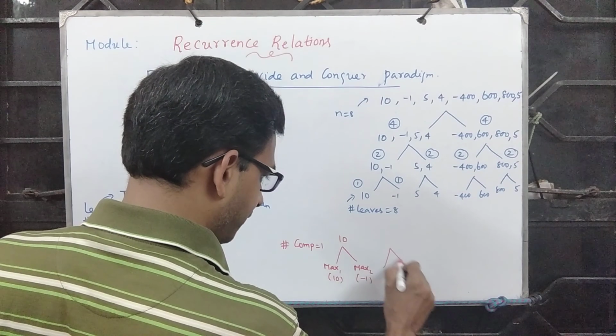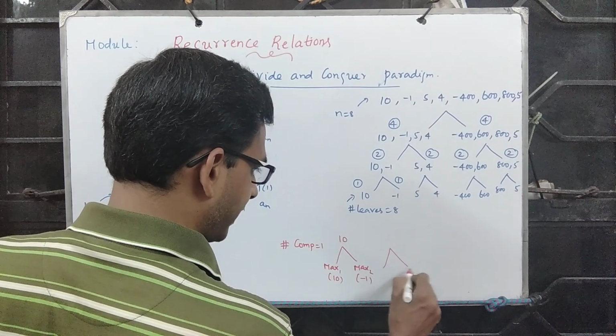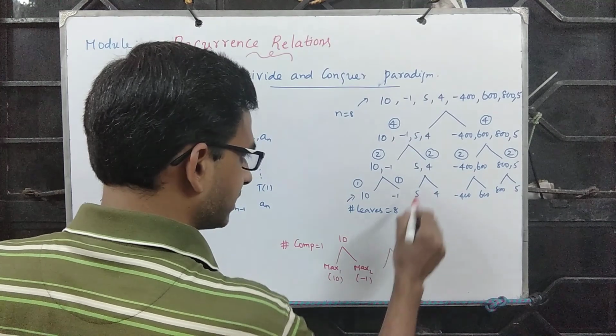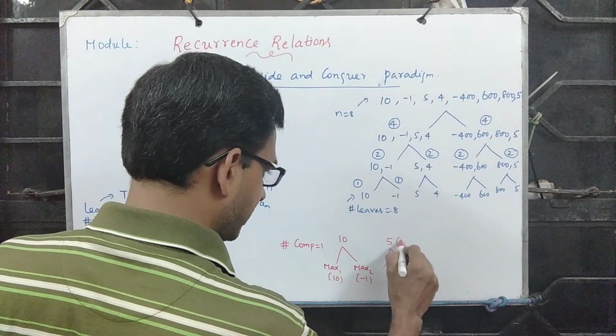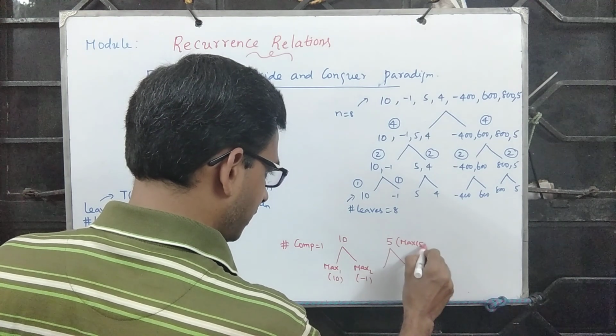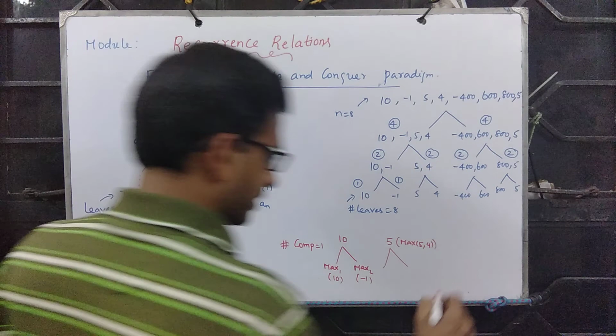So now you have 5 and 4, max is 5, max is 4. Compare these two, you need one comparison and retain the max of this. What is this? This is max of 5 comma 4, and continue this process.